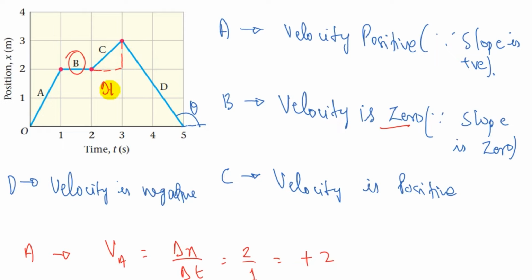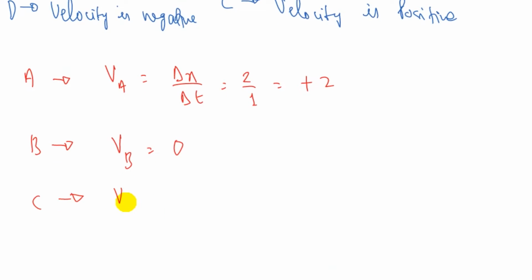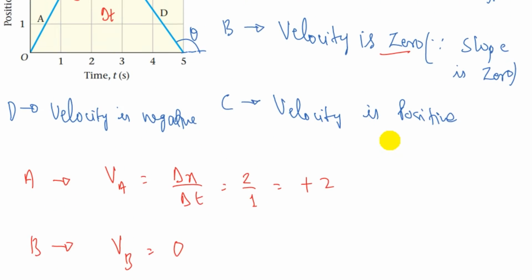So delta x would be 3 minus 2, which is 1. Delta t is 3 minus 2, which is also 1. So the slope for segment C would be 1 over 1, so this would be plus 1, and the same thing we have indicated here also.